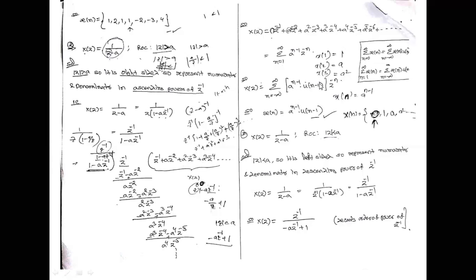Mu of n minus 1 is multiplied for the a power n minus 1. See, actually, sum of n is equal to 0 to infinite means the unit step function is multiplying. But it started from n is equal to 1 to infinite, meaning the step function is mu of n minus 1, one sample shifted towards the right side.